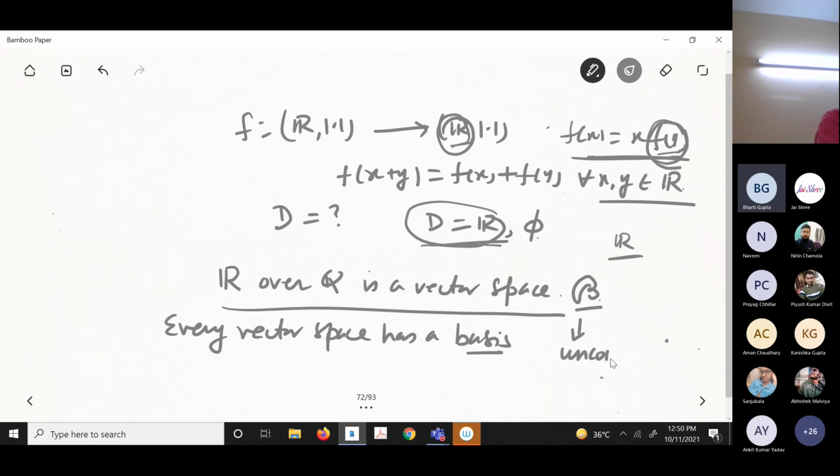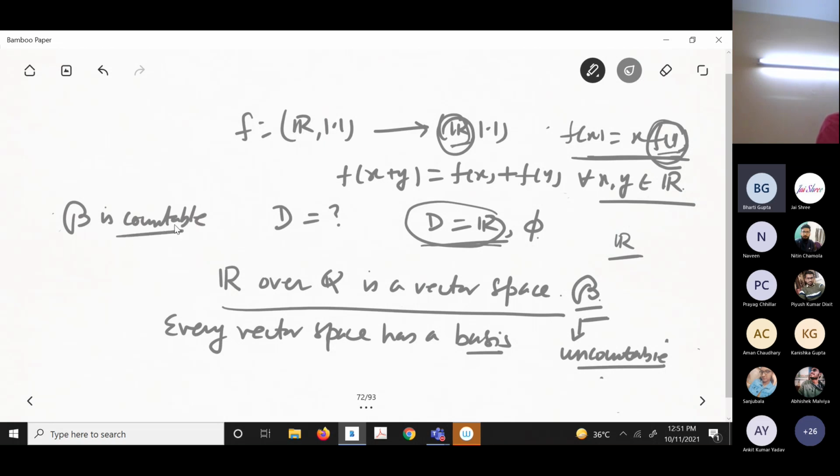Why? I have given you a problem, you proved the set of algebraic numbers is countable infinite. For finite you can easily check.